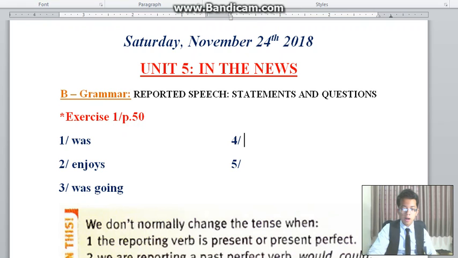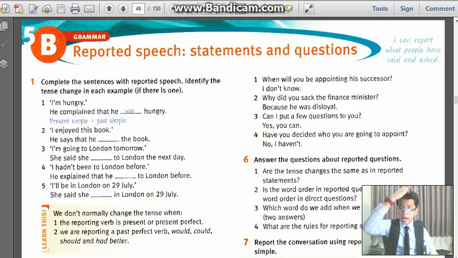Number 4, I hadn't been to London before. He explained that. So now the tense in the direct speech is past perfect, so we don't need to change it to any other structure, because past perfect is at the bottom.